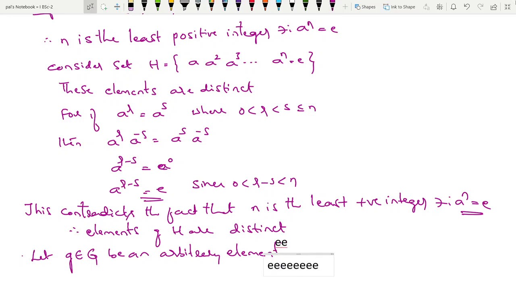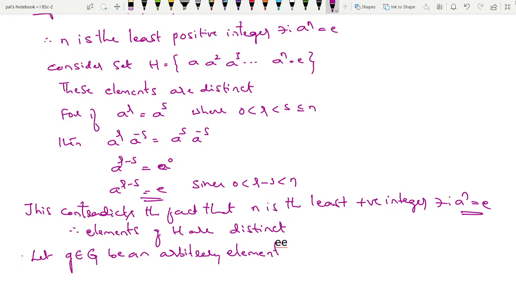Such that if g is an element of g, we can express all the elements of g in powers of a. So g can be written in powers of a.